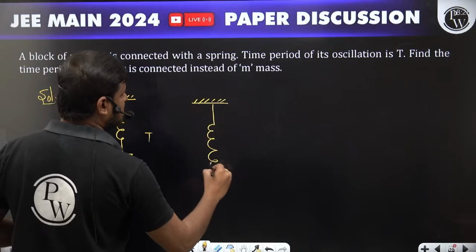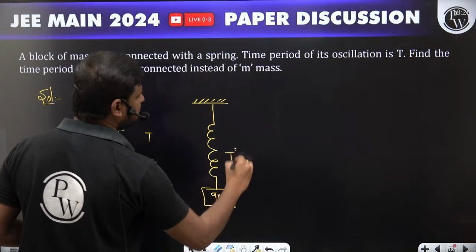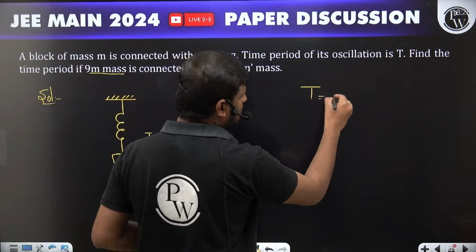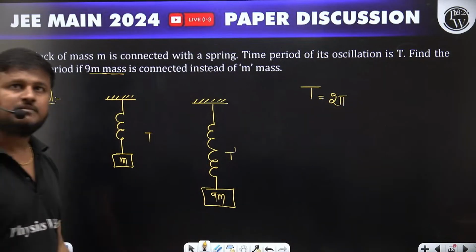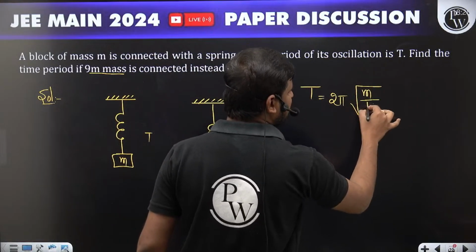You guys know that the time period formula for any combination of springs is 2 pi into root over m by k. This is a general formula.